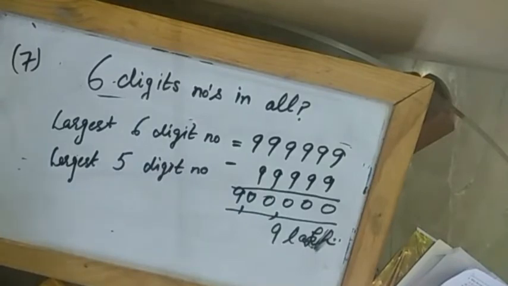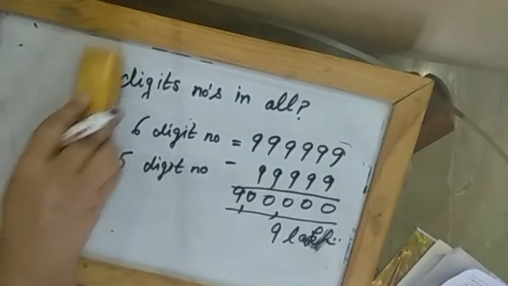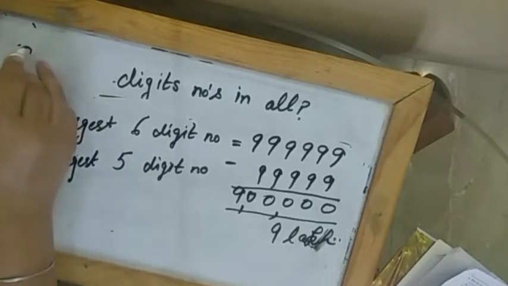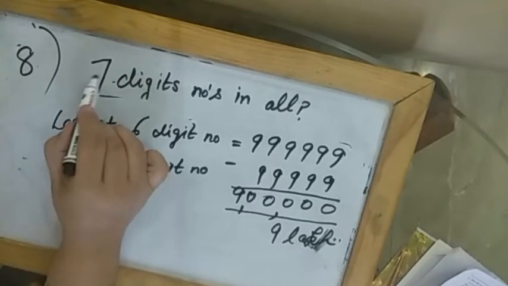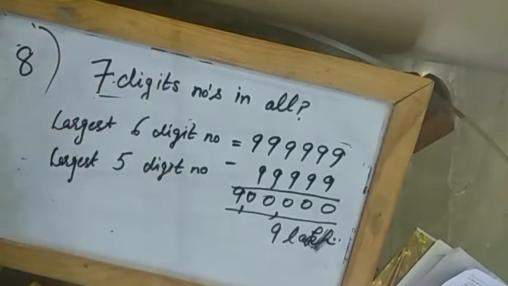The next question is, how many 7-digit numbers are there in all? To get the 7-digit numbers, the process is the same.